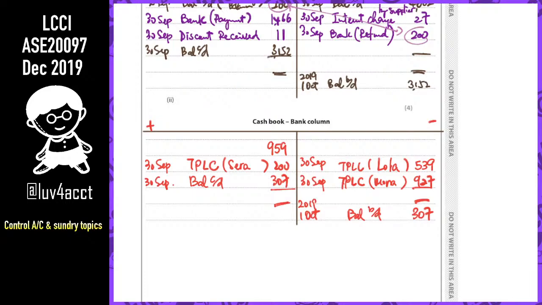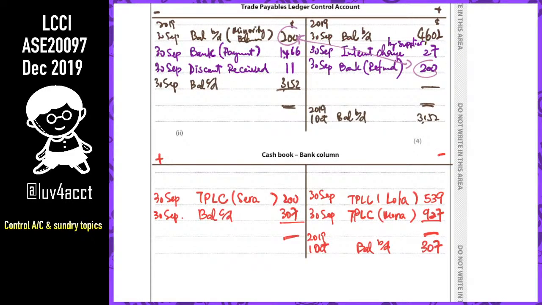Let me calculate one more time to make it balance. 539, 927 minus 200 minus 307. Yes, it is correct. 959, plus 200 minus this minus that. Yes. So this is the opening balance brought down 30th September.